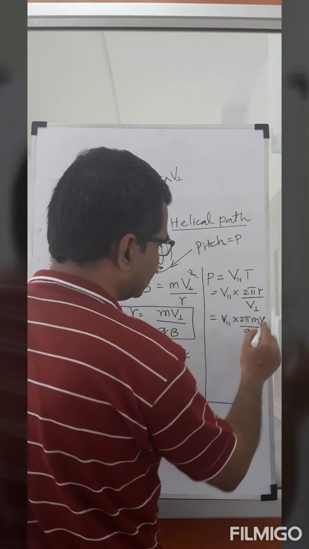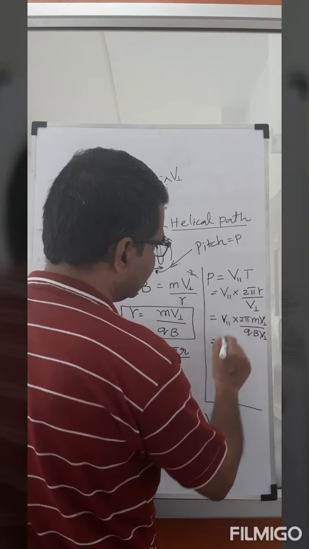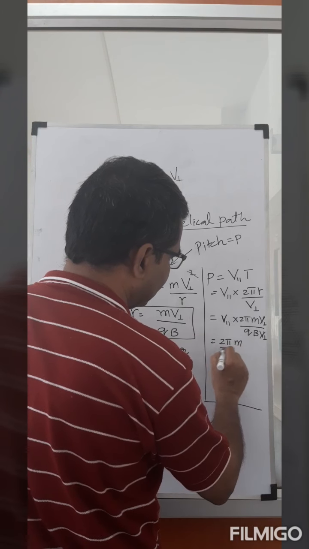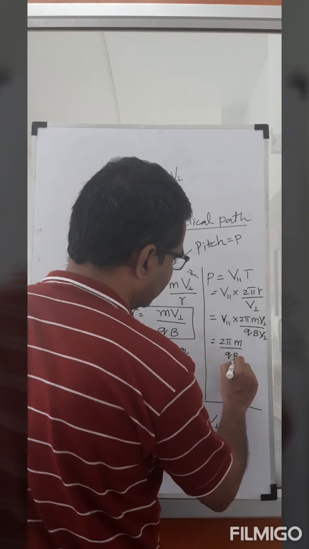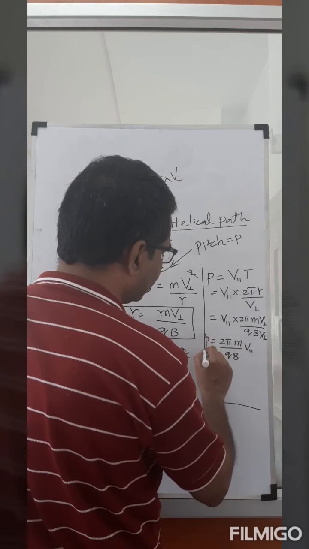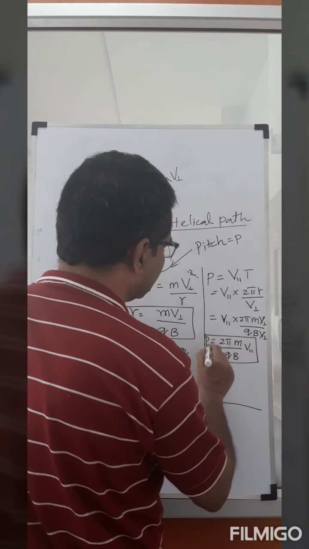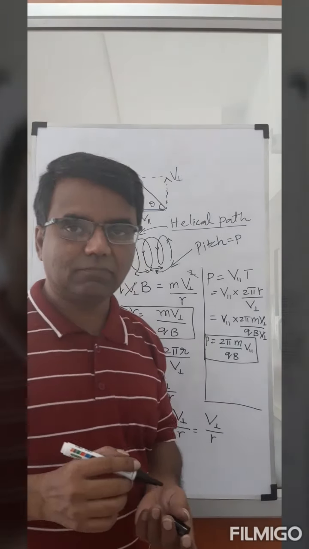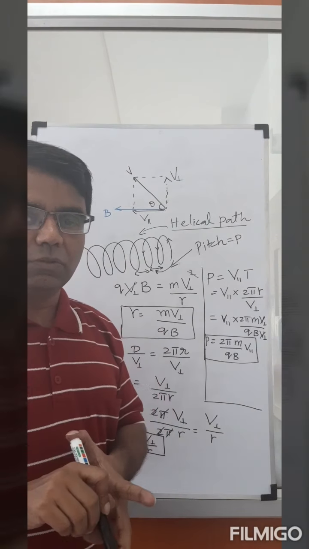So this and this cancel. So that gives you 2 pi m v parallel by q B. So that's the pitch distance. Hope this is clear to you.